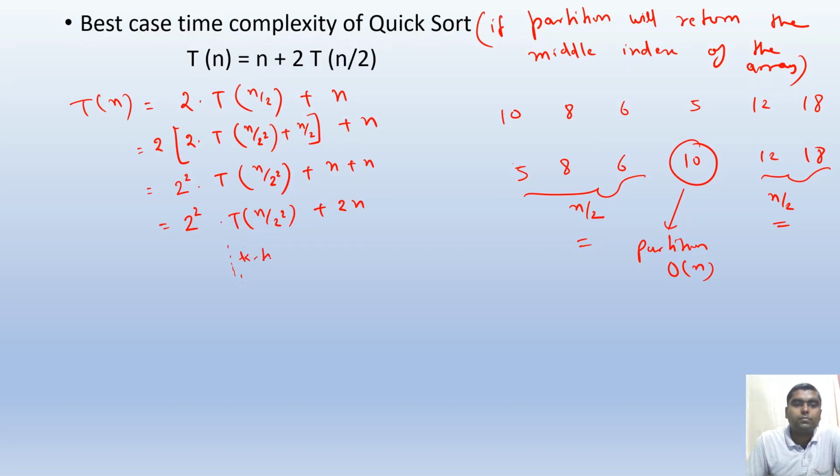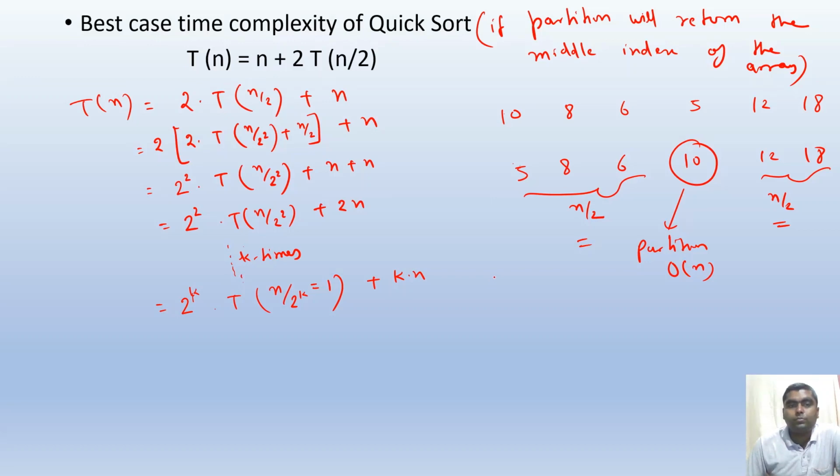Similarly we can follow this k times. If I repeat this particular process k times, the result is 2 raised to the power k into t of n upon 2 raised to the power k, plus k n.